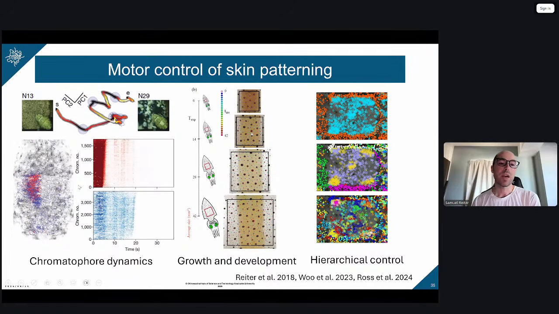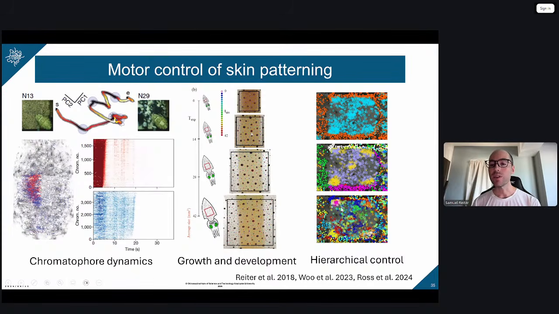We can do things like study in the context of camouflage, as the animal moves from one camouflage pattern to another in this pattern space, what are the individual chromatophores or groups of chromatophores doing during these camouflage pattern transitions? We can also study, by tracking chromatophores over weeks and months, the developmental process, so its behavior at a very slow scale, as the animal continuously grows and new chromatophores insert themselves into the skin, forming this really elaborate and interesting pattern over the animal's life.